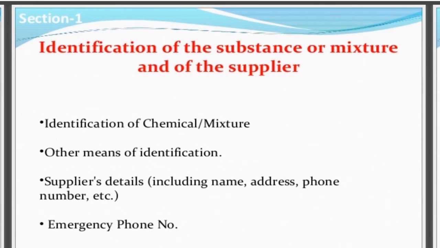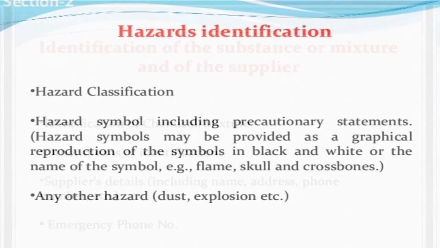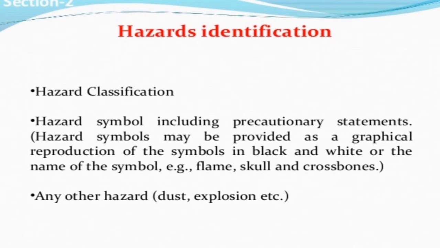Section 1 consists of identification of the substance or mixture and the supplier, including name, address, phone number, etc. and emergency phone number.